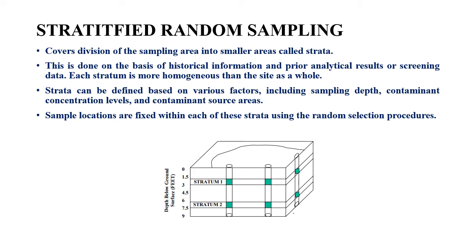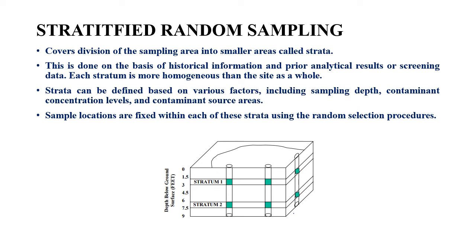These strata will be lying at different depth intervals. How we fix the strata is purely based on the information we have gathered. We will have a guesstimate of the contaminant concentration levels and the contaminant source areas, and then we fix the depth intervals between each stratum.